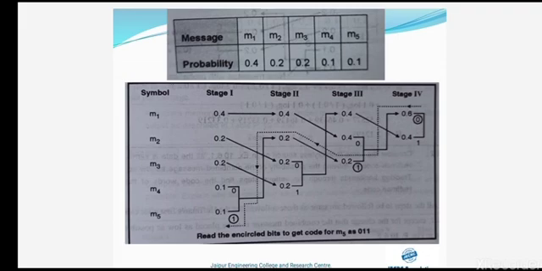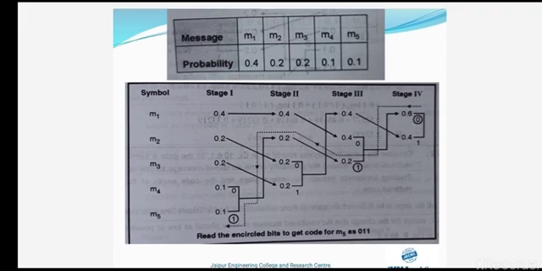To find the code words, first of all we have to arrange all these probabilities in decreasing order. In stage one, we arrange the probabilities in decreasing order. After that, in the second part, we add the two lowest probabilities, and again in the second stage we arrange in decreasing order.